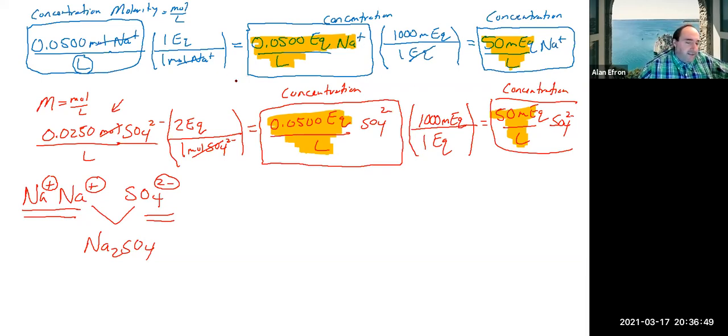And what that translates to is, if you calculate the equivalents per liter for an ionic compound, the positive ion's overall concentration should match the negative ion's overall concentration. That's the purpose of balancing out the charge when we put them together. Any questions on that there?